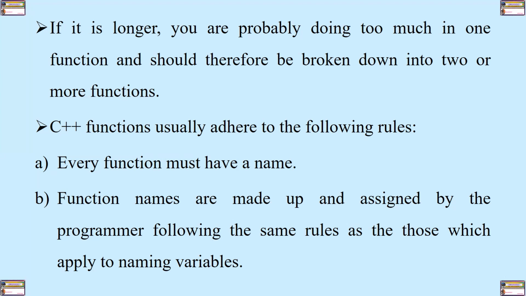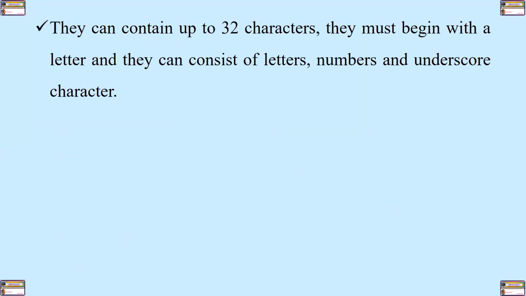And we also said that C++ is case sensitive. Therefore, if you change the case of a variable, even a single letter, the meaning changes, that variable changes. So some of those rules also apply in the naming of functions.